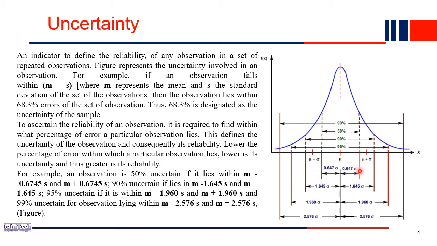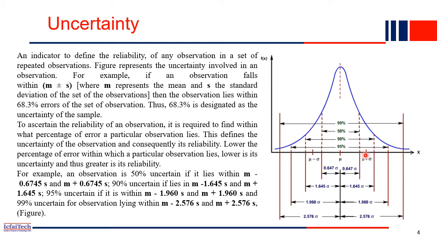As I mentioned earlier, the uncertainty is denoted with respect to this type of plot. Basically here the mean value will be there, mu is the mean value and sigma is the standard deviation. So mu plus minus 0.647 sigma, plus means here, minus means here. If any value lies in this range, then we can tell there is 50% error in the reading. If any value lies in this range, the error may be 50 to 90%.